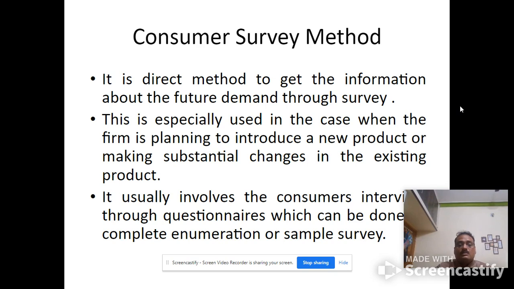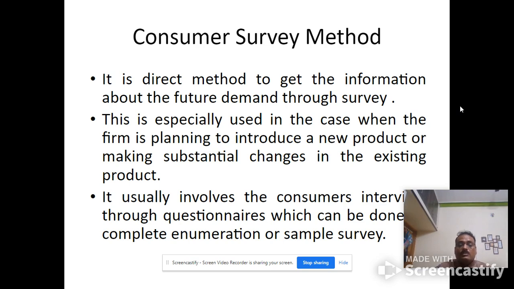And mostly the consumer survey method is used in a very short period of time. We understand that within a very short period of time, there will be certain changes in the prices, maybe there will be certain changes in the advertisement expenditure or certain external factors like monetary policy, fiscal policy, etc. So, in the consumer survey method, we generally ask the people about their choices.